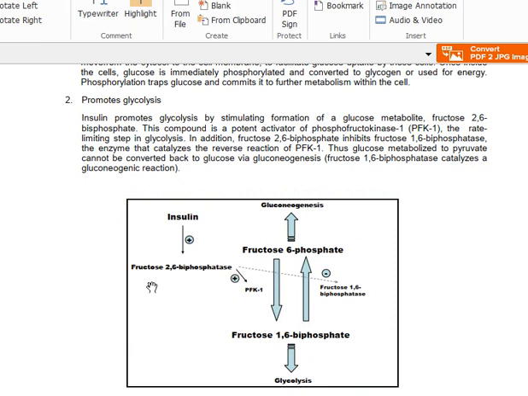Also, this fructose 2,6-bisphosphatase is going to inhibit the action of fructose 1,6-bisphosphatase, which converts the fructose 1,6-bisphosphate to fructose 6-phosphate. So it's indirectly preventing gluconeogenesis. Insulin is going to act in such a way to prevent gluconeogenesis from occurring, and to promote glycolysis to occur.